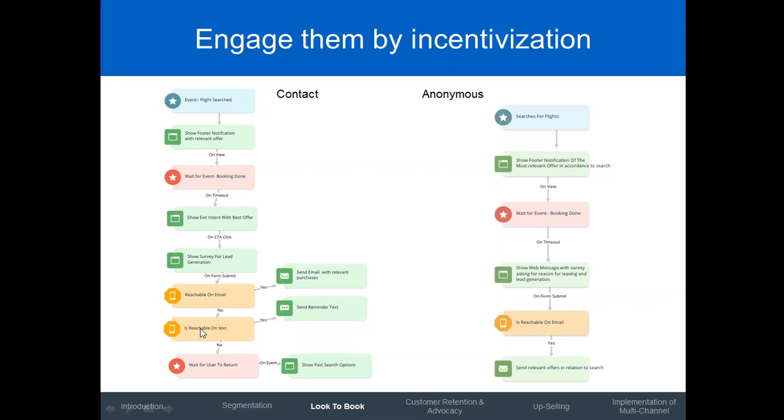If the customer does not react, you can put across the next level of communication, which could be in terms of SMS or notification. For an unknown customer, where the email ID is not known, what is more relevant is that you have to wait for the customer, most probably, either to come back on your site, or you can very effectively use remarketing when the customer is going out to a different website. Your communication and your offer could be more customized to bring the customer back to your website and end up with a transaction.